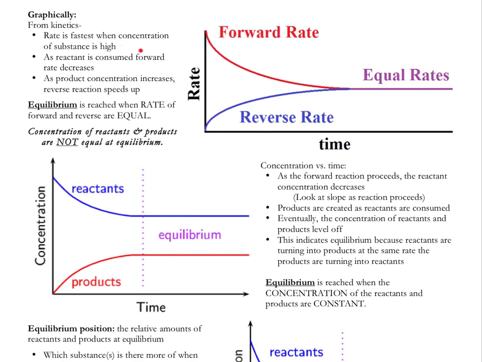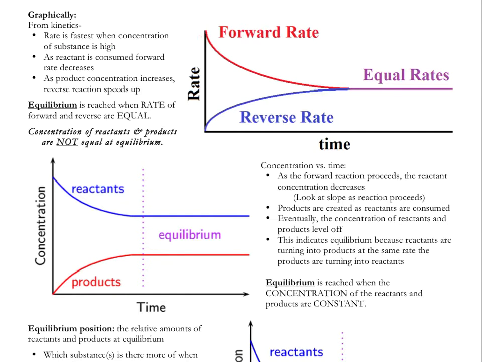Rate is fast when concentration's high because you have a lot of particles colliding, a lot of reaction happening. If you have fewer particles, or as they go away, it slows down. And that's what our graph is showing here. This is the forward, A and B turning into AB.